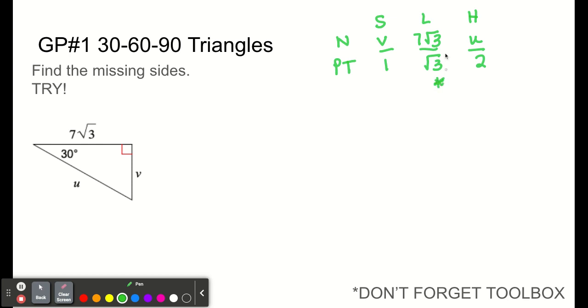Using the ratio that contains no variables, 7 radical 3 divided by radical 3 is equal to, here, v divided by 1. V divided by 1 is going to simply equal v. And if we simplify 7 radical 3 divided by radical 3, that's going to leave us with 7.